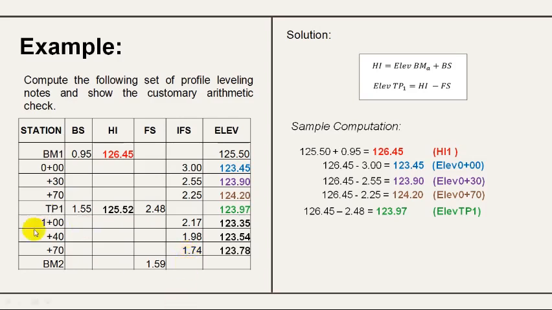And to solve the elevation of benchmark 2, the height of instrument for the second setup minus foresight reading, which is 1.59, our elevation for benchmark 2 is 123.93.